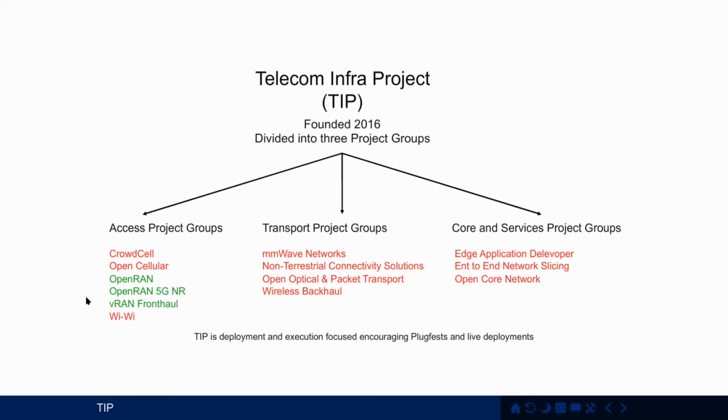And in green, there are 3 which are of interest in particular, one being Open RAN, and their main objective is to have a fully programmable radio access network, and the solution is going to be based upon a generic processing platform. They've also specified the Open RAN 5G new radio, which is often referred to as a white box.